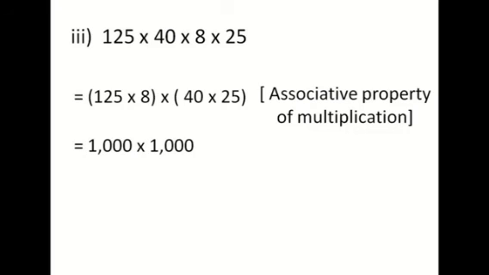Now the final product, how much will it be? 1 along with 6 zeros, so it is 10 lakh. Is it? The other way, you group in another way and find the answer. Try to check which is easier and follow that one. I hope all of you are clear with this kind of sums.